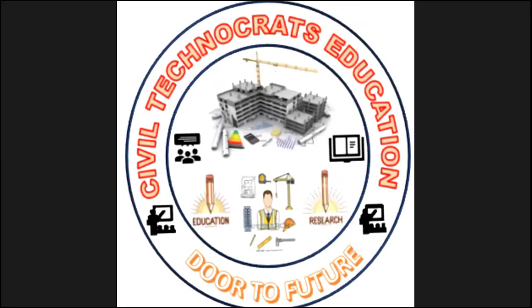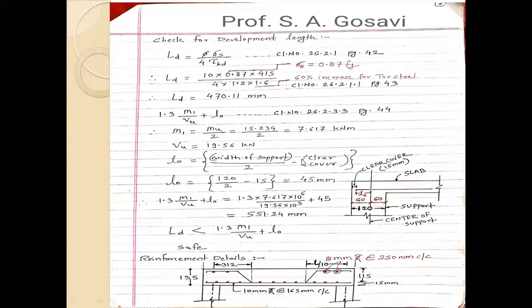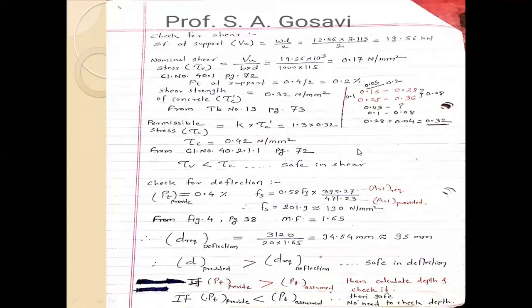After using that, K 1.3 into 0.32 is 0.40. So after this, the check for shear is over.